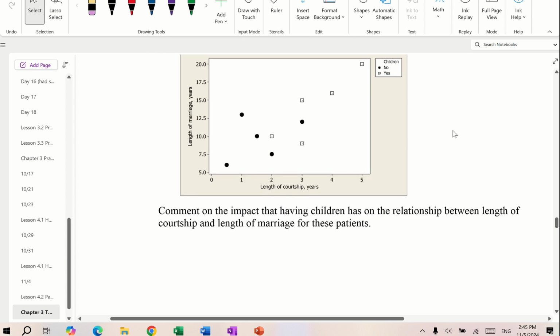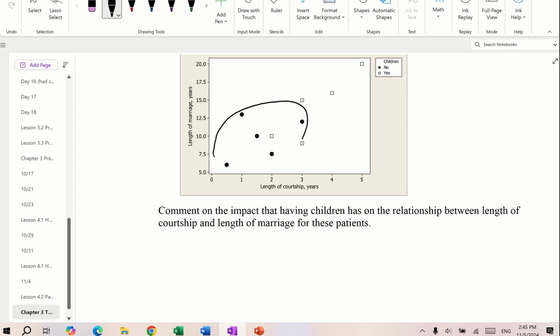If you look at the ones with children, they tend to have longer courtships. For example, this one, no children, short courtship, on the smaller end of courtship years. But those with children tend to have a longer courtship, and also a longer marriage. That's interesting to note.